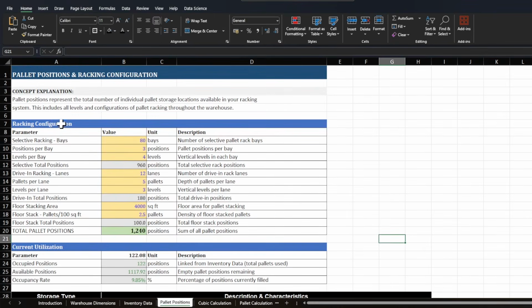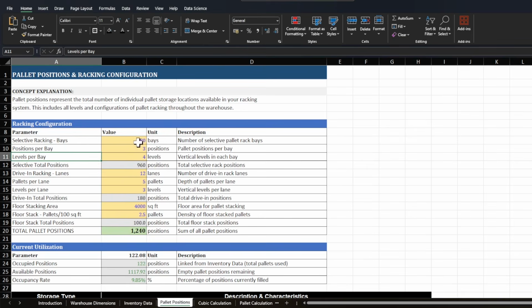So in the racking configuration, first of all, we need to check how many selective racking bays I have, and in each bay, how many positions I have. Positions means how many pallets I can put in one bay. Then there is level. It means how much stacking I can do in that particular racking bay.